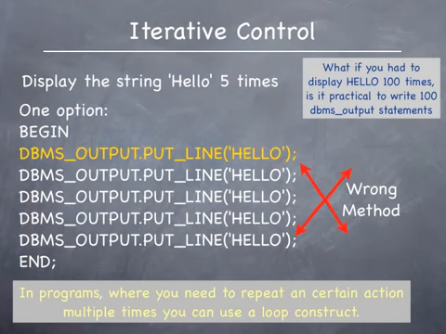In my earlier tutorials, I showed you this example program, which was written to display the word hello on the screen 5 times. Notice that the program has been written with 5 DBMS_OUTPUT.PUT_LINE statements, all of them displaying the word hello on the screen. I also explained that this program has been written with very poor programming logic because the action that had to be done was the same.